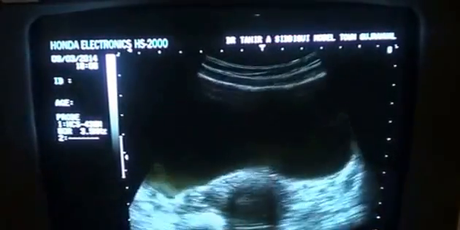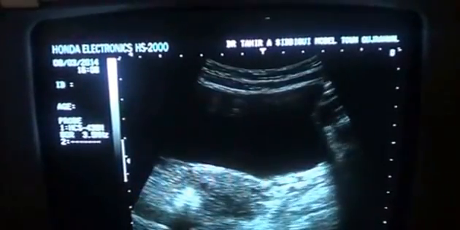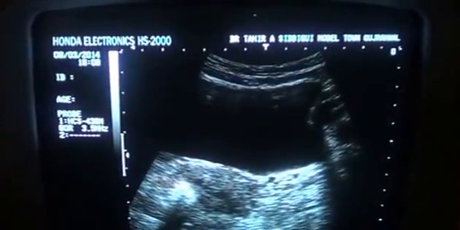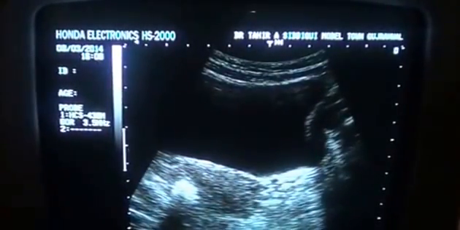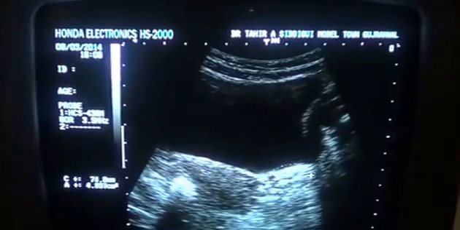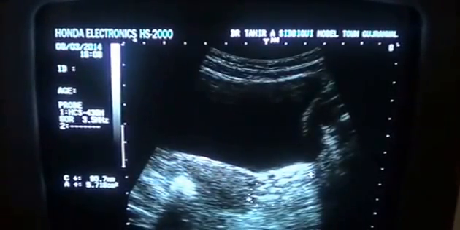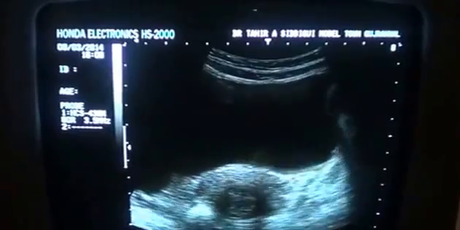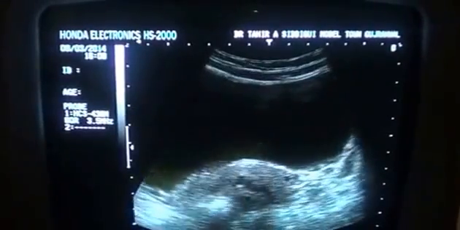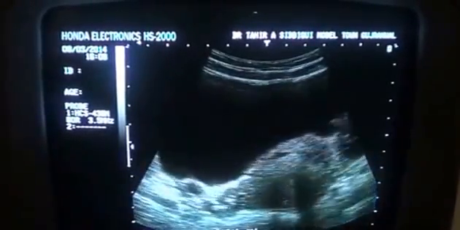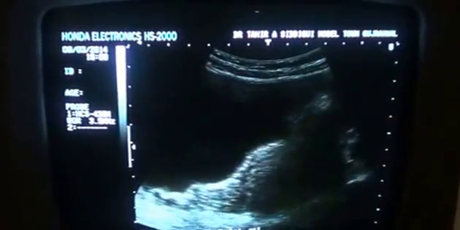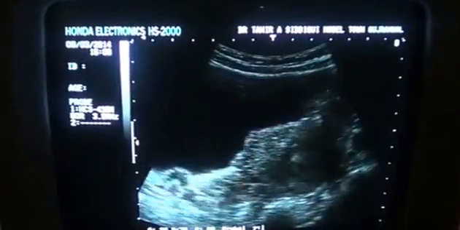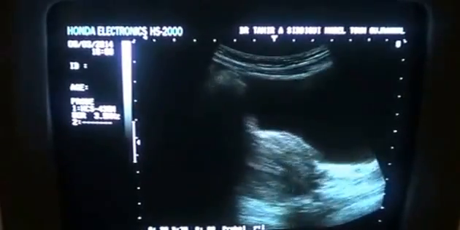And there comes the left ovary with developing follicles seen in different phases of development. This is the left ovary. So both ovaries are seen normal with follicular activity. No evidence of any cystic or solid mass relating to the ovary. This is the urinary bladder, and this is the uterus.